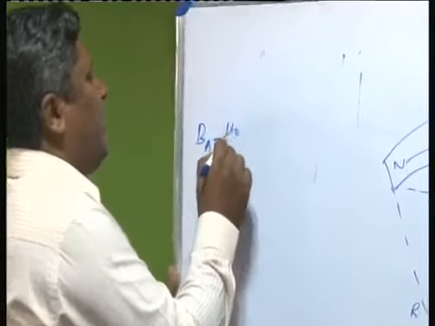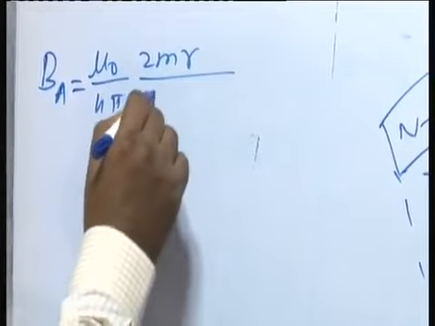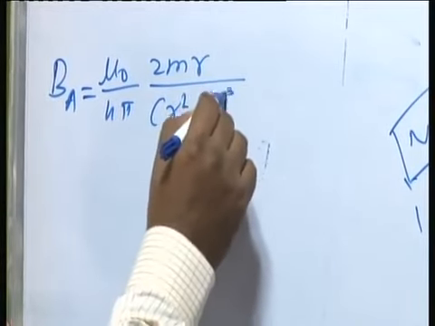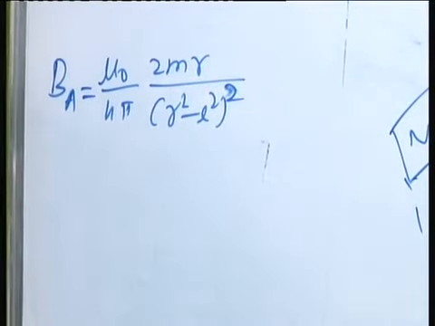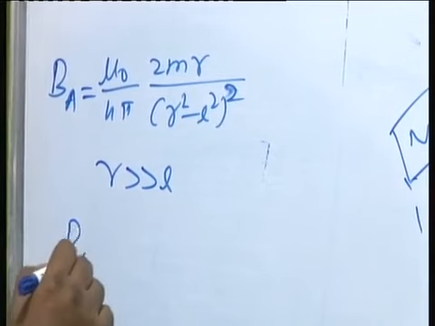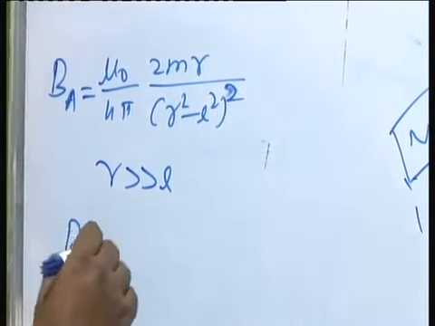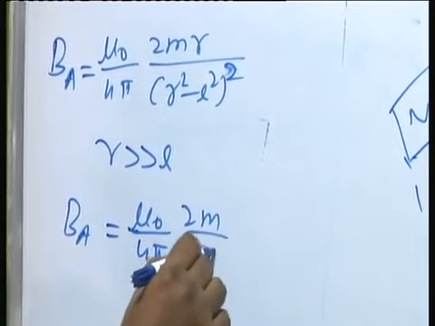That is mu naught by 4 pi into 2m r divided by (r square minus l square) whole square. This expression you have to use when the given magnet is not a short magnet. If it is a short magnet, then r is much greater than l. At that time, I can write the magnetic field produced by a bar magnet at a point on its axial line is mu naught by 4 pi into 2m divided by r cube.